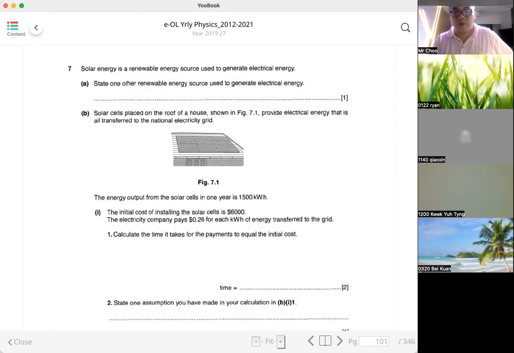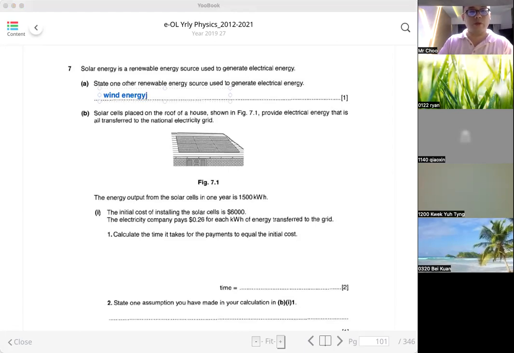Yiting, your B1 is correct. Oscar, your B1 is correct, but why no working? Yiting, your B1 number 2 is correct as well. Well done. Okay, so what are the other renewable energies that you learned before? Okay, so all of you have given me this answer, so well done.